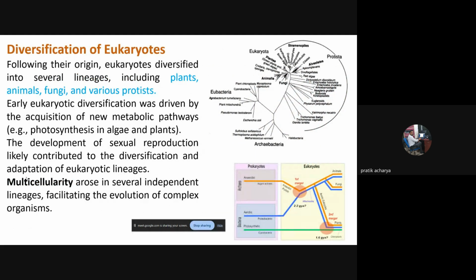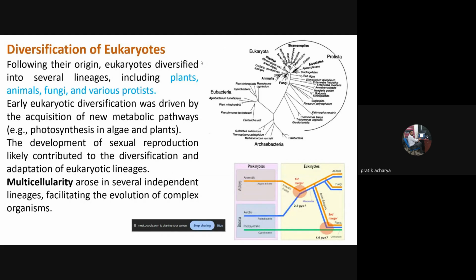Then diversification of eukaryotes. Just look at here, a certain tree structure. In yesterday's class, we discussed the tree structure, how phylogenetic trees were formed, what is the manner of tree formation, and on which basis we can form phylogenetic trees.